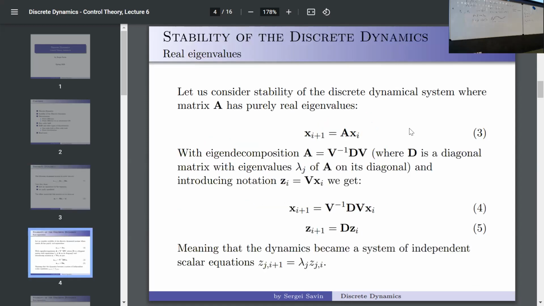Okay. Now let's discuss stability. We'll discuss stability in the exact same terms as we discussed it last time for continuous systems. For that, we will drop control.